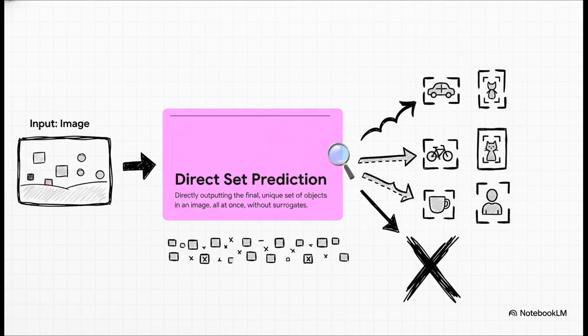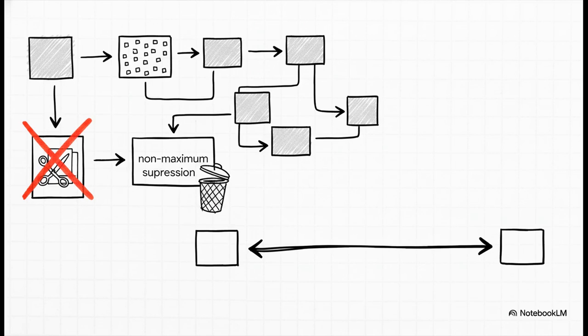The job is simple. You get an image, and you directly output the final, unique set of objects. That's it. And the beauty of this approach is everything you get to throw out. All those clunky, hand-designed parts that engineers used to have to tweak for hours, they're just gone. No more anchor generation, no more non-maximum suppression. The whole pipeline becomes incredibly simple and clean.